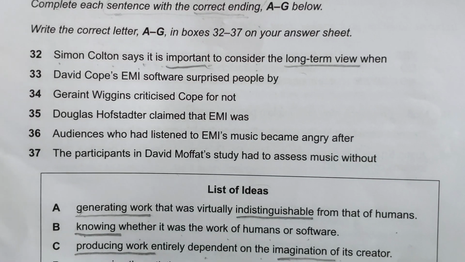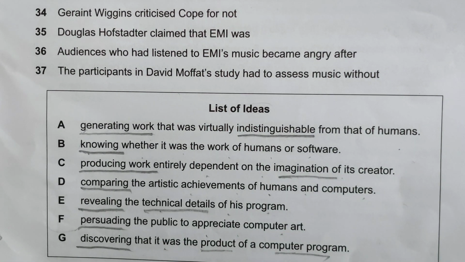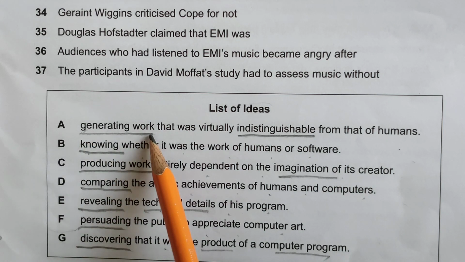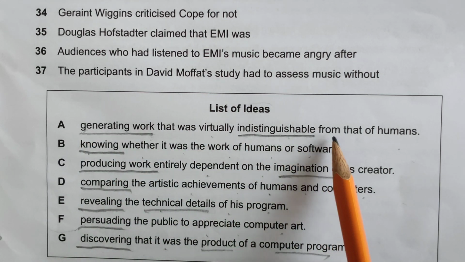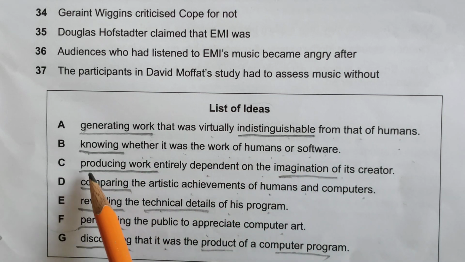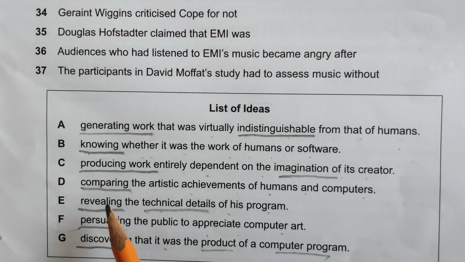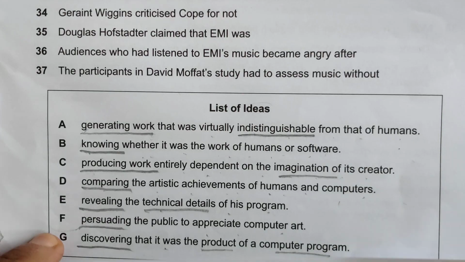Let's look at the options, the list of ideas which they have given. Okay. Generating work that is virtually indistinguishable from that of humans. No. Knowing whether it was the work of humans or software. Producing work entirely dependent on the imagination of its creator. Comparing artistic achievements of humans and computers.